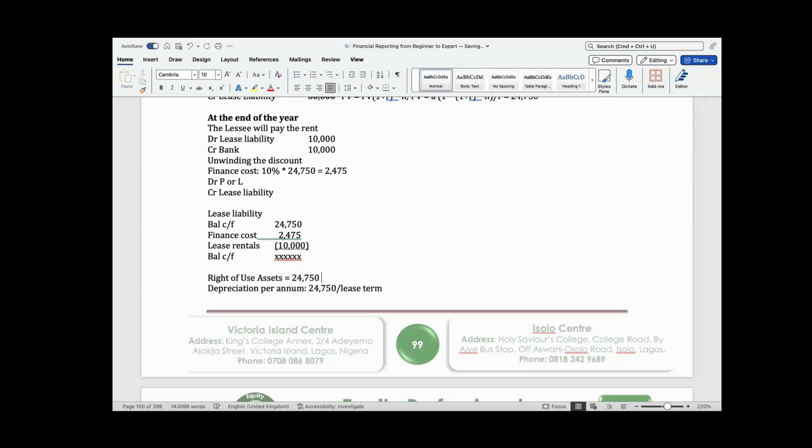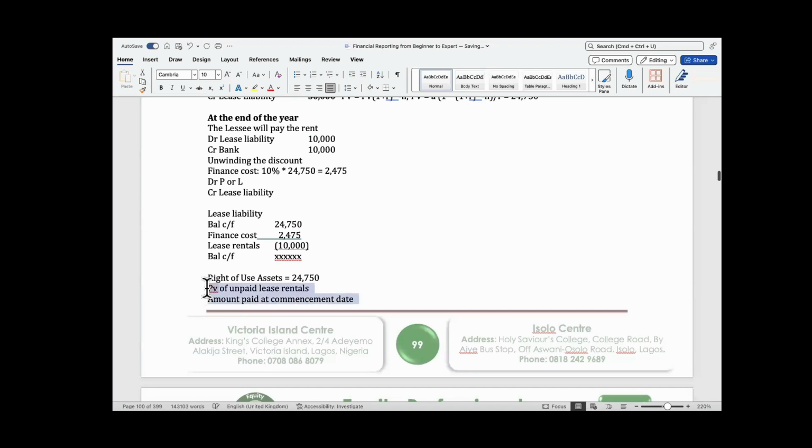In fact, the way you get the cost of right of use is the PV of unpaid lease rentals plus the amount paid at the commencement date. That's for right of use.